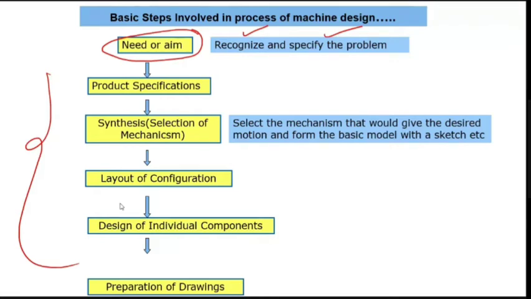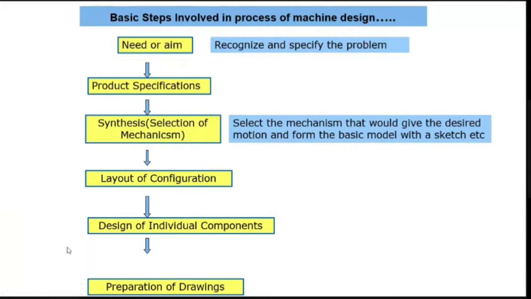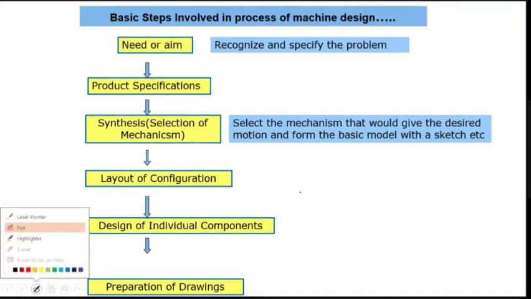Unless you are recognizing and specifying the problem, why go for the next step? Why go for the design? This need or aim is not one of the steps involved in the process of machine design. It's just a basic thing in your mind. The concept evolves in your mind, or you have some aim. There is some need which you have to identify. I hope it is clear to all of you.